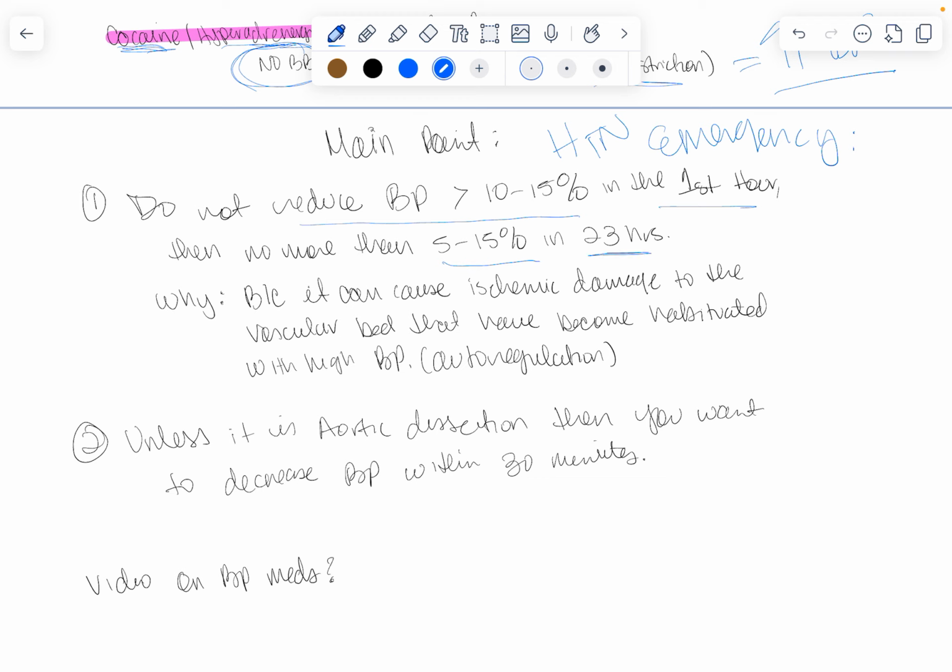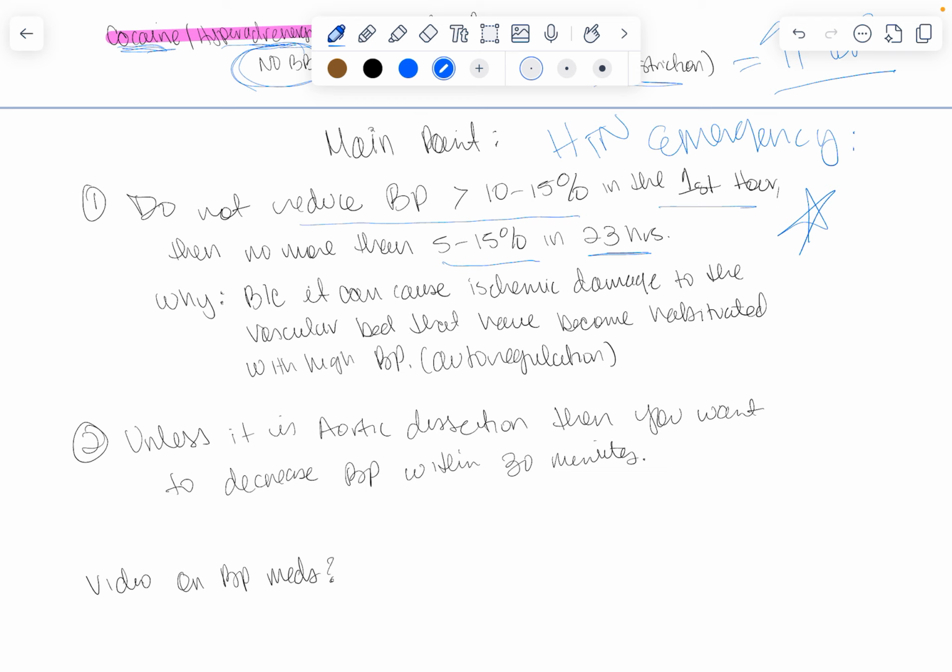This is super important, guys. Why do you want to reduce slowly? It's because it can cause ischemic damage if you reduce it much quicker, okay? The body is already used to a higher blood pressure because it does autoregulation.